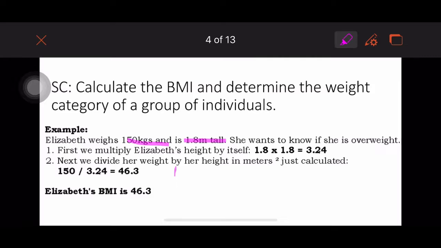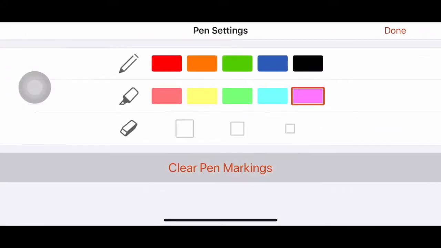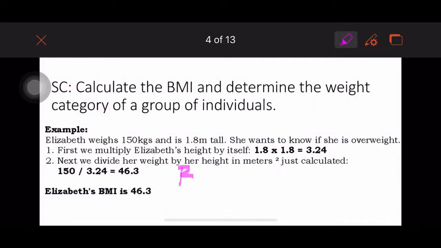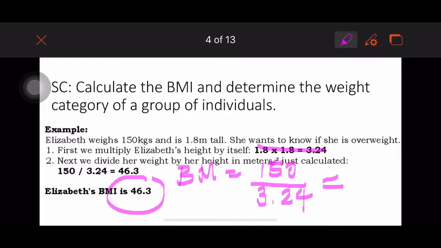So BMI, according to the formula, is equal to 150 divided by 1.8 times 1.8, which is 3.24. And the result of that is a BMI of 46.3.